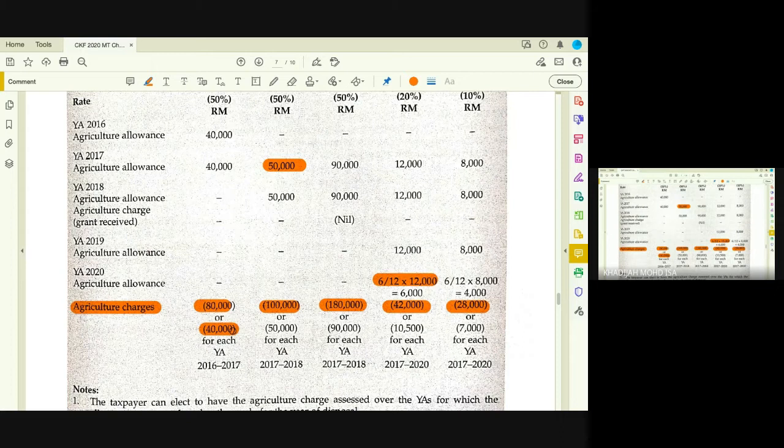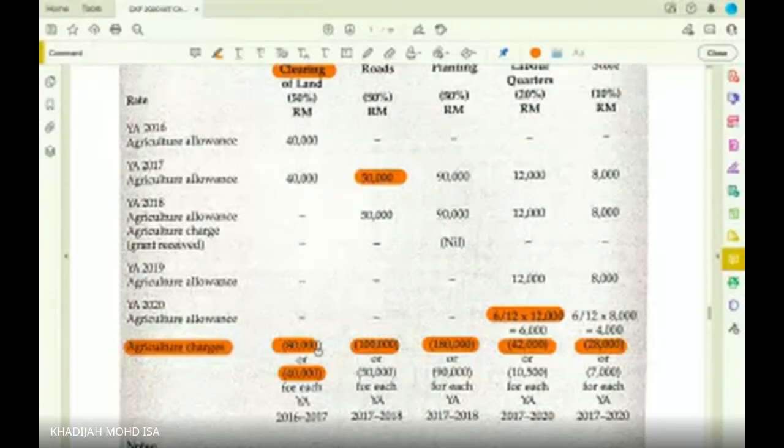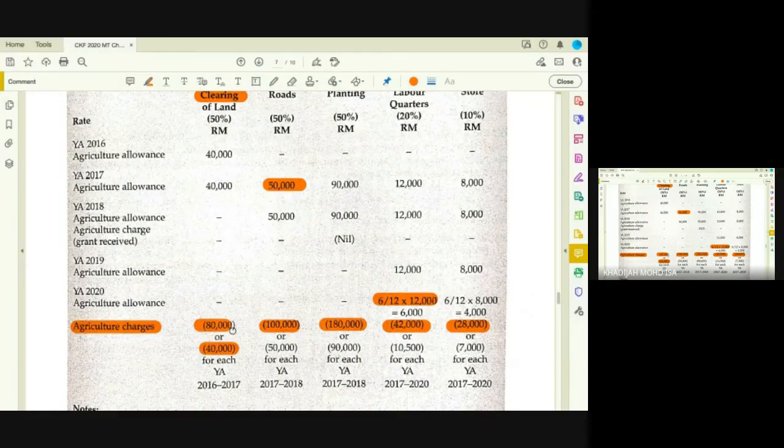But when it comes to 2020, if you do not claim for spread back, then you have a balancing charge of 80,000 on that clearing of land. But if you spread back, it means that you're going to apply to the IRB to revise your tax computation for 2016 and 2017. So how are you going to revise? In 2016, you have a balancing charge of 40,000.